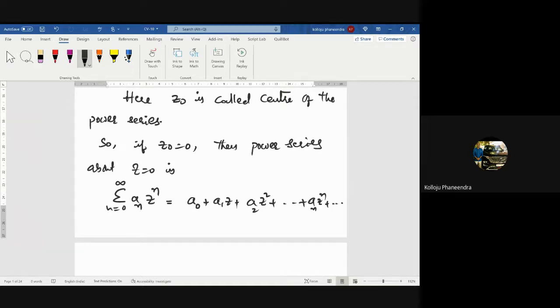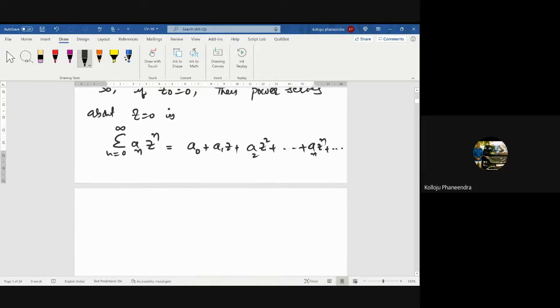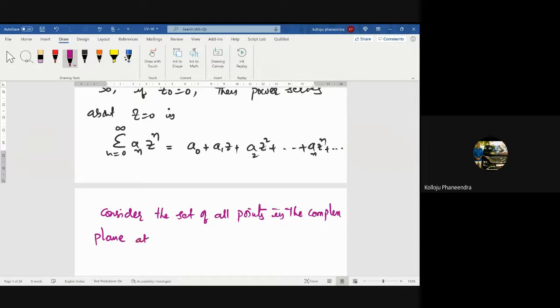Done. Now, see the convergence of this power series. Consider the set of all points in the complex plane at which the power series is convergent.